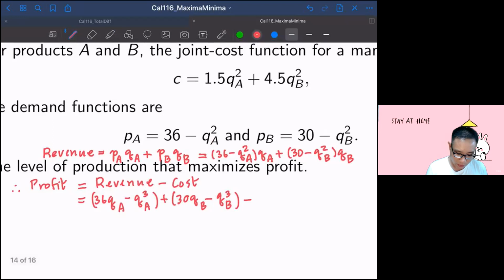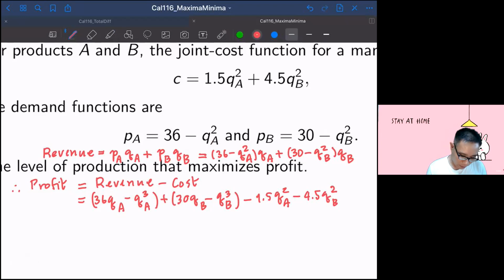So you're going to minus 1.5 QA square, and minus 4.5 QB square. So this one will give you the profit function.